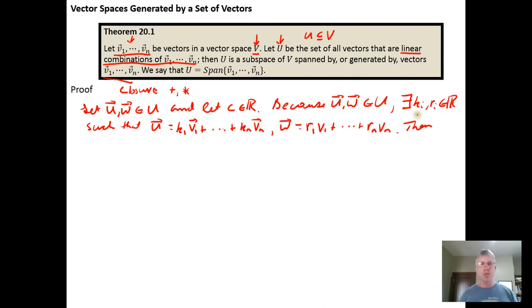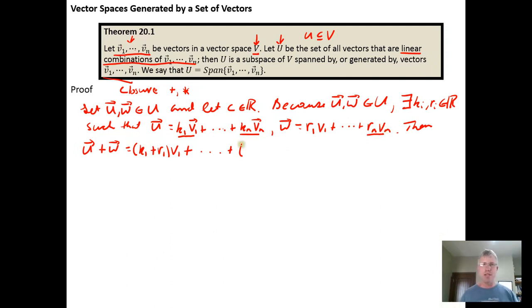And then we need to show closure under addition. So we go ahead and we add those two vectors together. u plus w, what does that look like? Well, we would do k sub 1 times V sub 1 plus r sub 1 times V sub 1. And notice we could factor the V sub 1 off. So we get k sub 1 plus r sub 1 times vector 1 plus, and we would do it for all of the vectors all the way up through the nth vector. And the nth vector we would get k sub n times V sub n plus r sub n times V sub n.